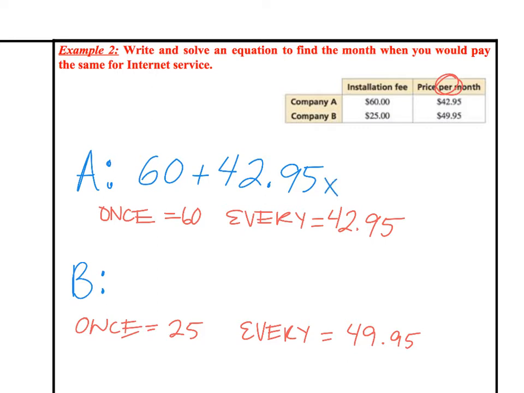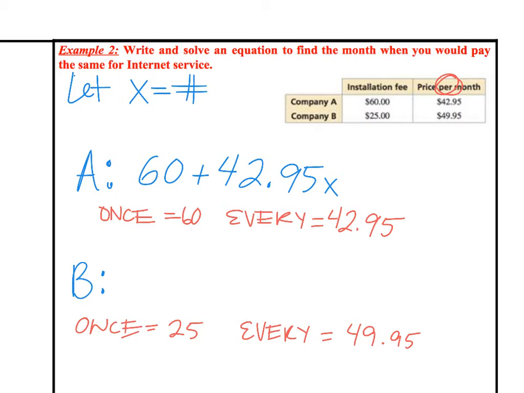Price per month. Okay. I actually disagree. So we'll use x for this one. Let x be equal to, what does the variable stand for? Someone raise your hand. Manola, what's it stand for? The number of months, because you're paying $42.95 times every month.